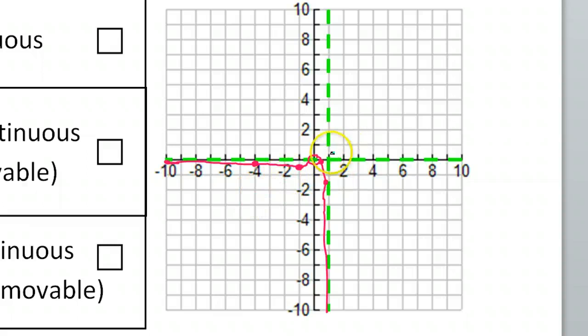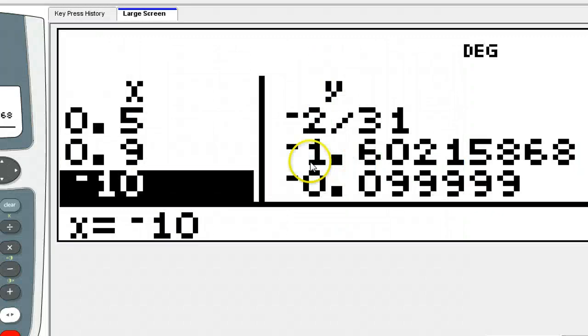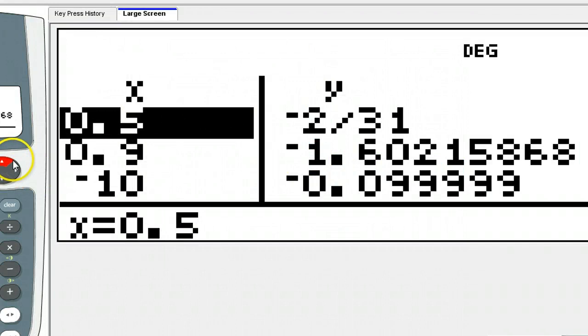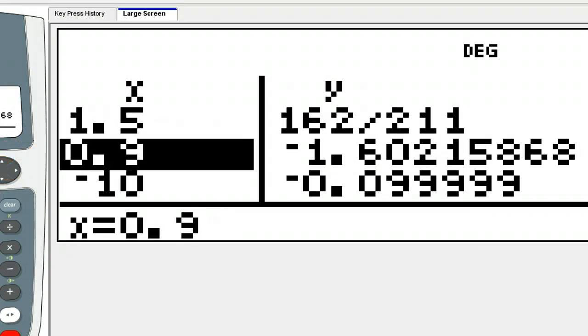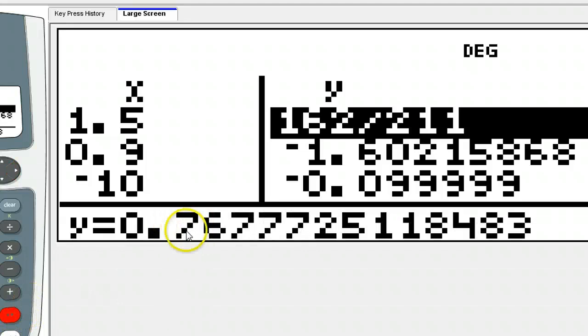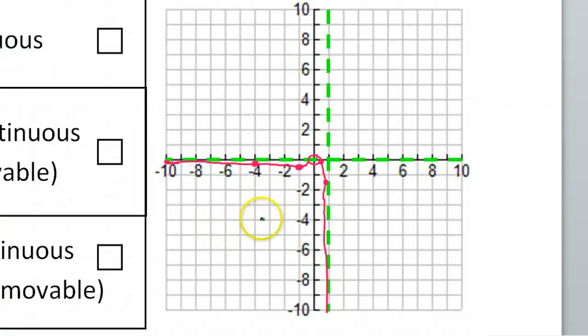Okay, now let's see what's happening on the other side. Again, I'm going to take a look at decimals to the right. So let's see what's happening at 1.5. Okay, that's 0.7, almost 0.8.